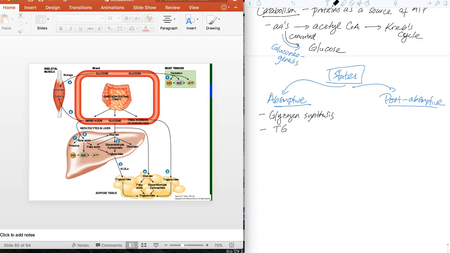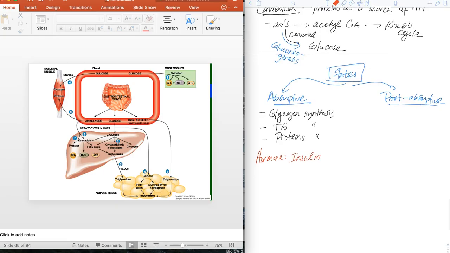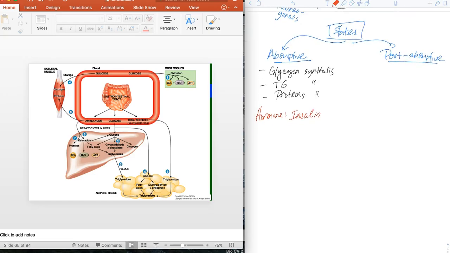You will store and synthesize triglycerides. You will store and synthesize proteins. What hormone is critical during that absorptive state? Insulin. There are growth factors that may play a role, and even some thyroid hormones, but focus on insulin.